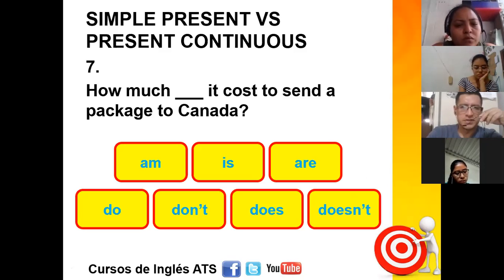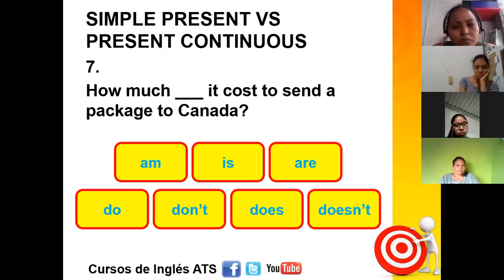How much is it cost to send a package to Canada? Vámonos otra vez. Mira un verbo en la pregunta. ¿Logra ver algún verbo en la pregunta? Oh, send. Ese es un verbo, tiene razón. Cost. Tiene cost.